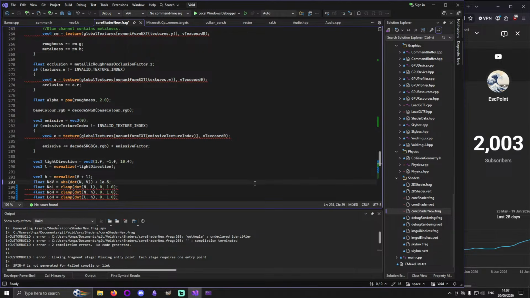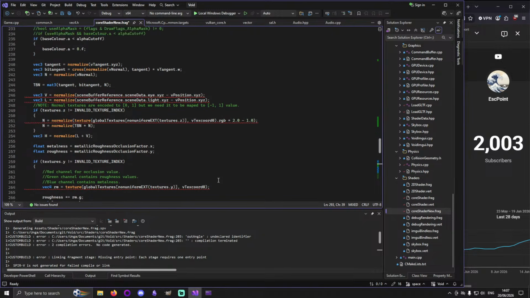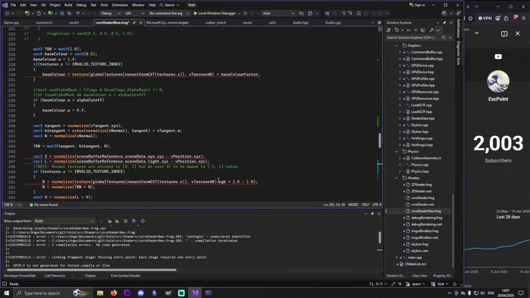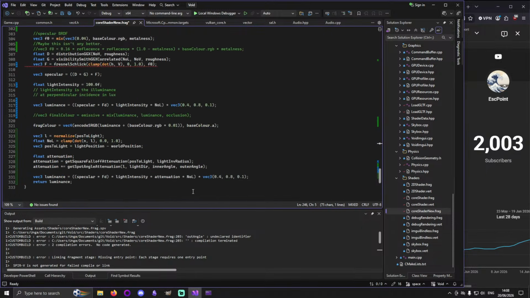Right. Okay, so we got a... Okay, so this is our L, which if I look at the light to position, I believe... Yeah, okay, so this is the kind of confusing part. It gets the light normal first, and then it does the subtraction. Why? I have a feeling that this makes more sense in our case.